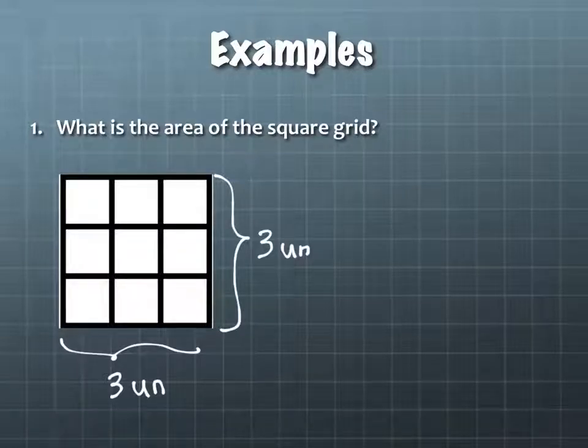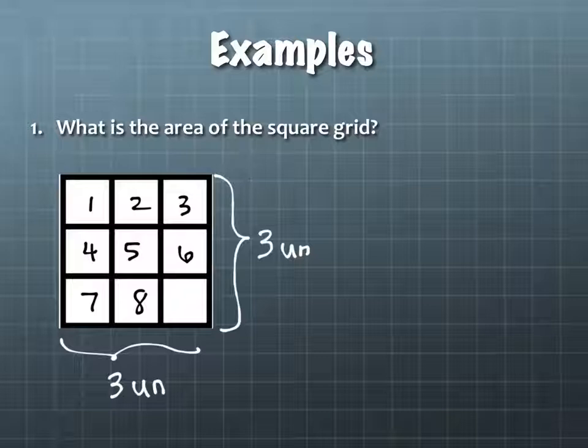So if we count up the squares in this, how many squares do we have? We have 9. So we would say that this is 9 what? 9 square units is how we'd actually read it.